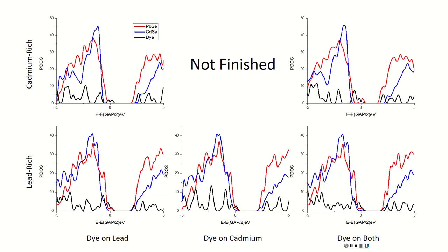So solvent doesn't help to do anything with the band gap. Yeah, I mean the dye was pushed, but the quantum dot still had states beyond the 0 point.